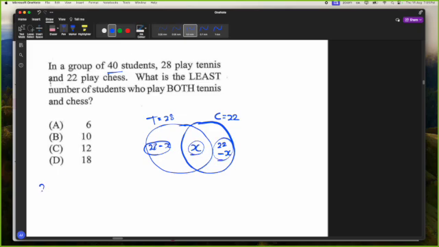So that is 28 minus X plus X plus 22 minus X. And that will add up to my total of 40 students.